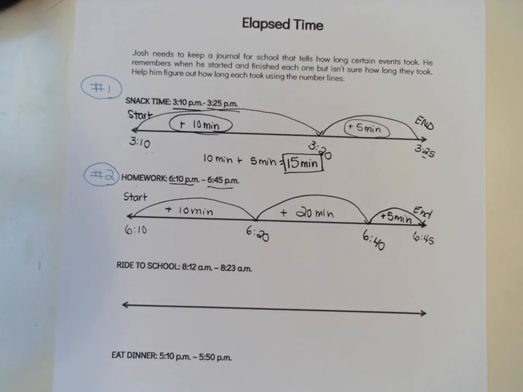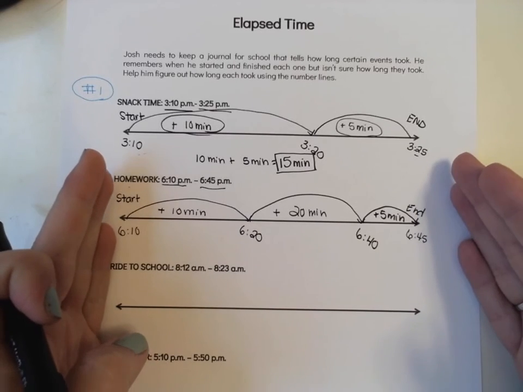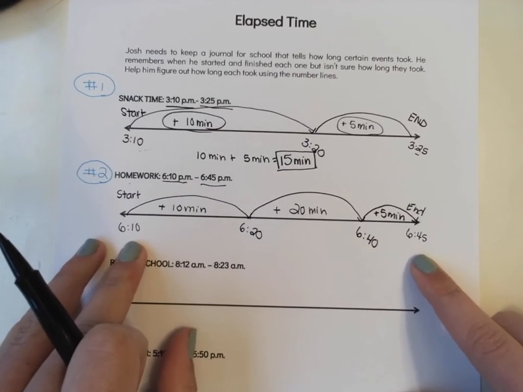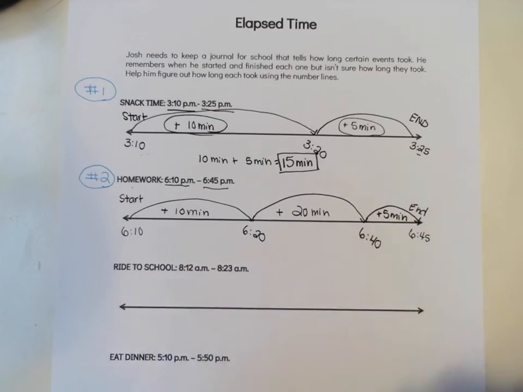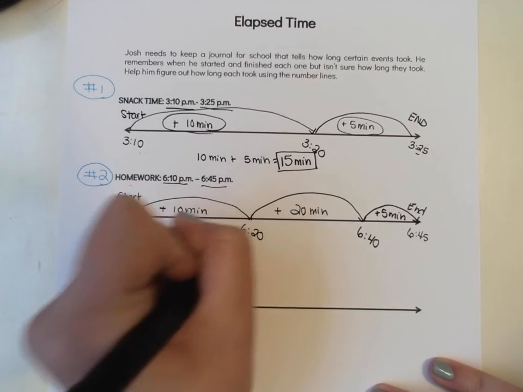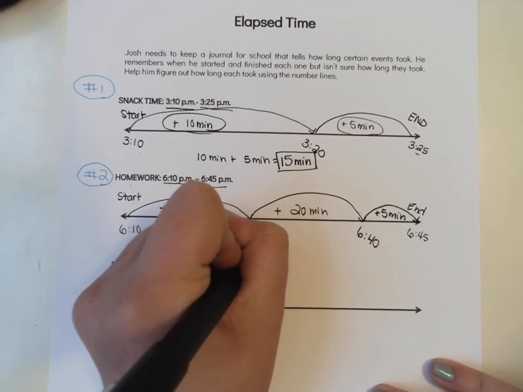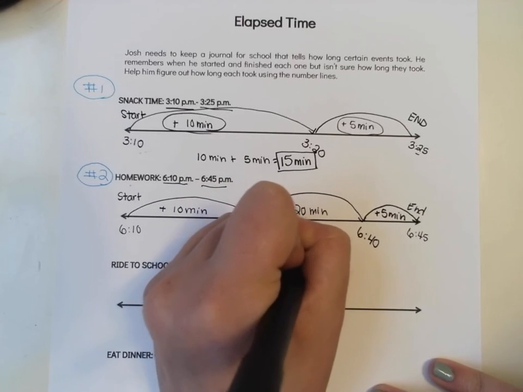Now that I have my jumps, I've jumped the increment of time, the amount of time that has passed from 6:10 to 6:45. So what I need to do now is add up all my jumps. Down here I'm going to write 10 minutes plus 20 minutes plus 5 minutes.